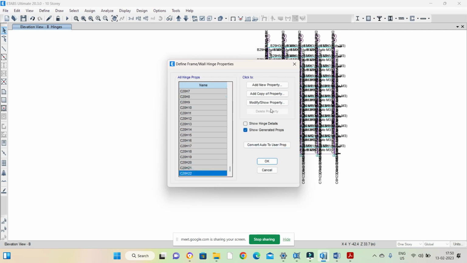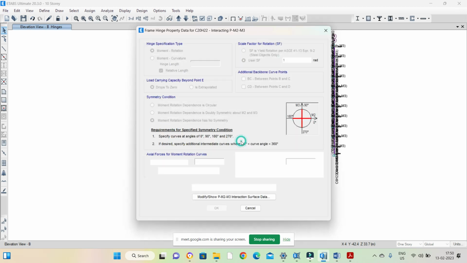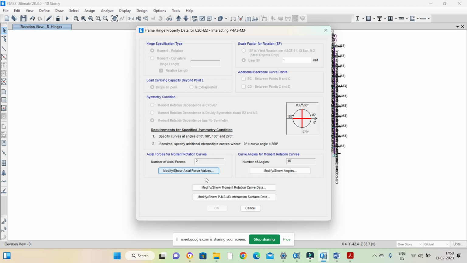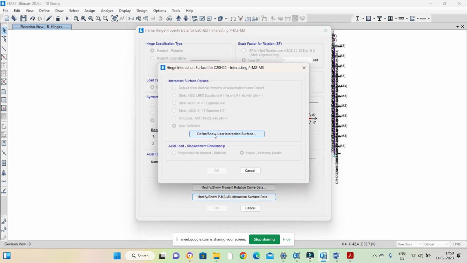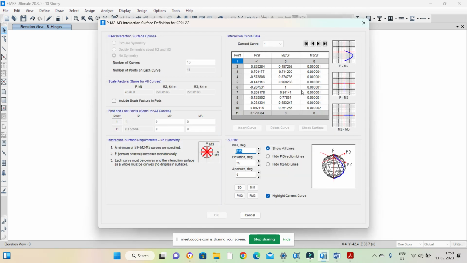Let us now see one column hinge. So this is the column hinge. Column hinge you get in terms of PM interaction. You can see you have P, you have M2, you have M3. This is at a particular angle, or a particular curve. Here you see curve 2, corresponding to a particular angle.